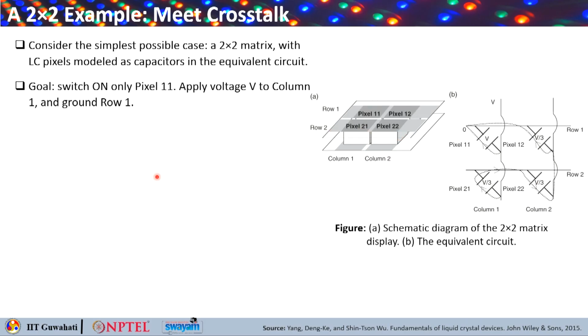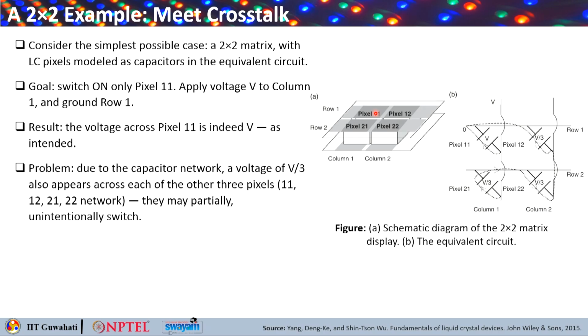Say the goal is to only switch on pixel 1 1. So you will apply voltage V to column 1, and you want row 1 to be 0, so that the voltage drop appears across this particular pixel. You are applying a voltage V across pixel P11.